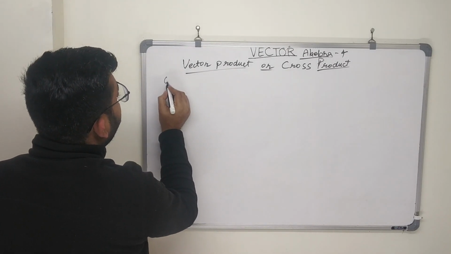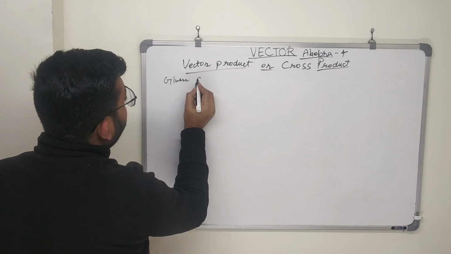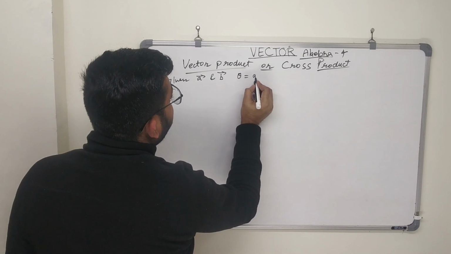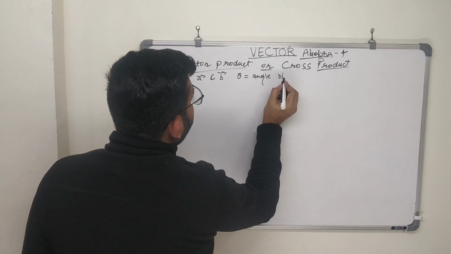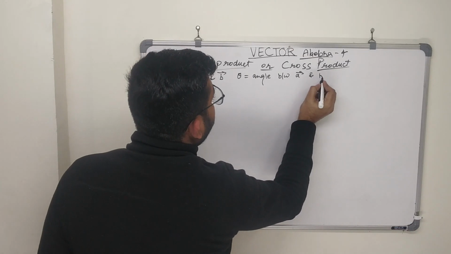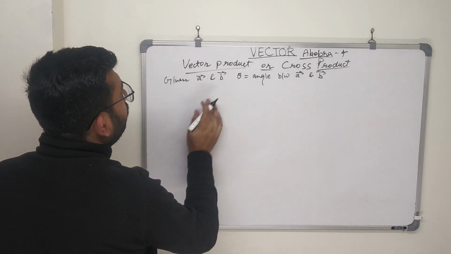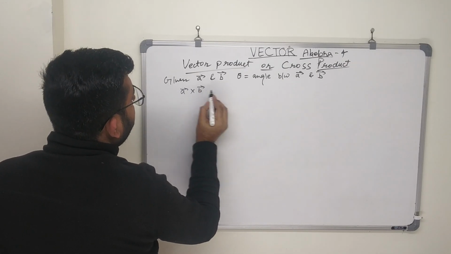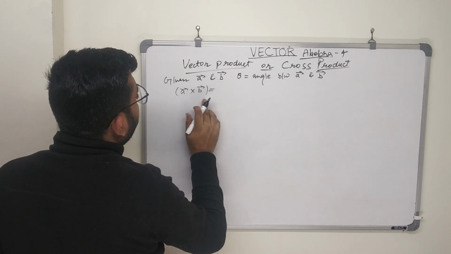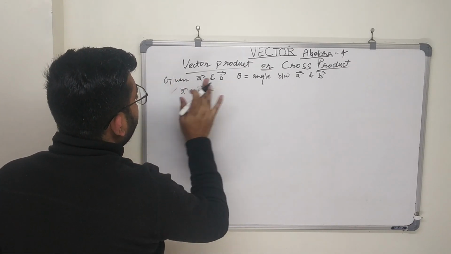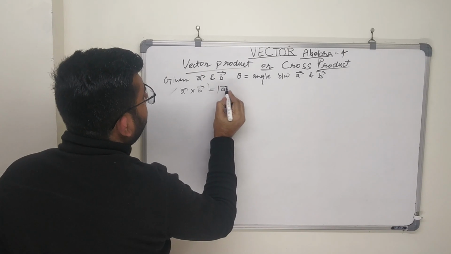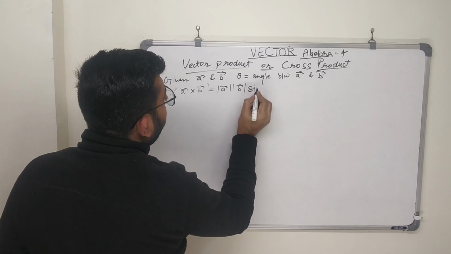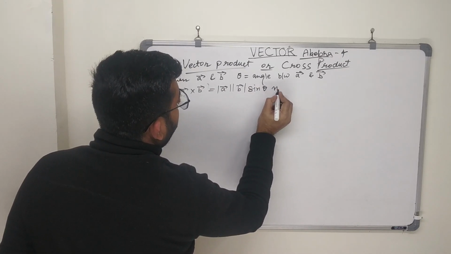Suppose that you are given two vectors, A vector and B vector, and suppose that theta equals the angle between A vector and B vector. Then in that case the vector product or cross product, A vector cross B vector, will be equal to magnitude of A vector into magnitude of B vector into sine theta into n cap.